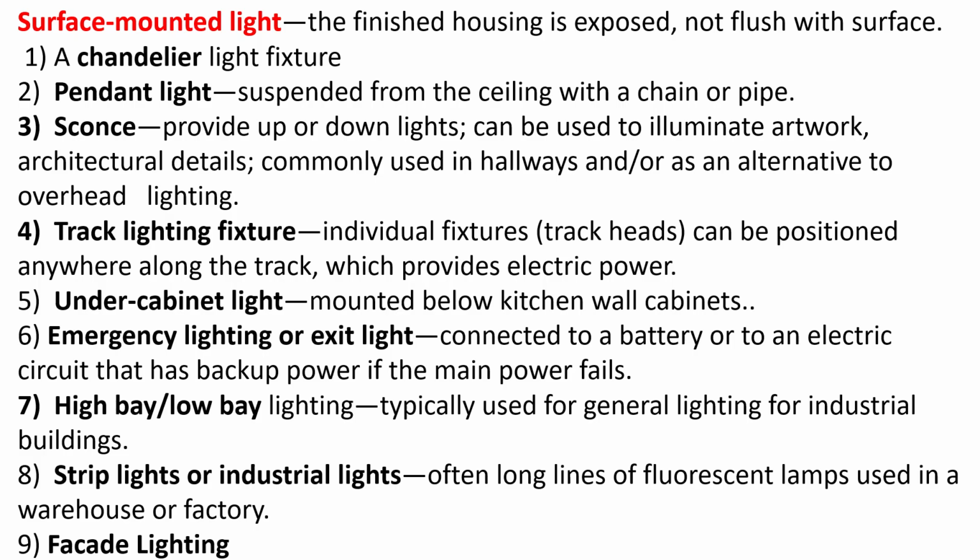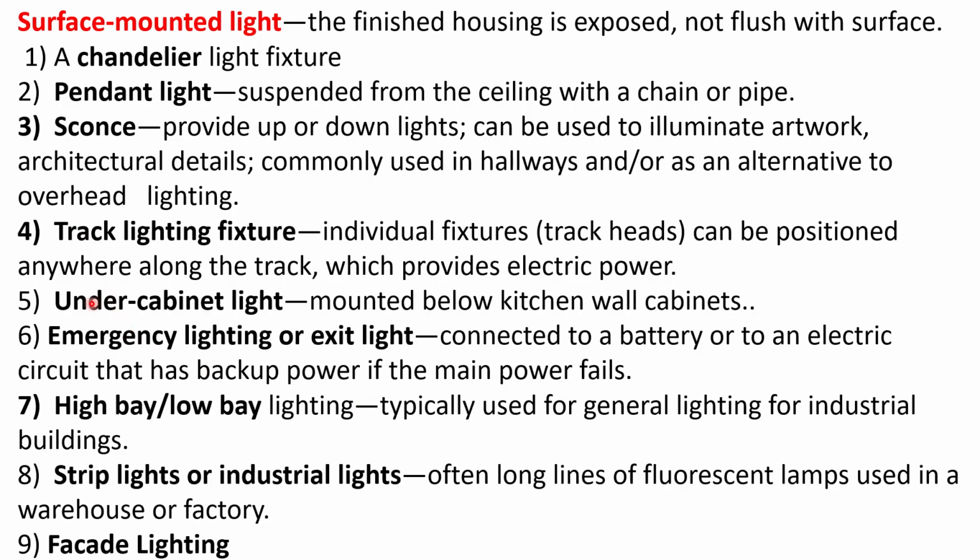Then the next feature is the track lighting fixture. Individual fixtures can be positioned anywhere along the track. A track is provided consisting of a power source and a continuous bus bar on which the fitting can be mounted.